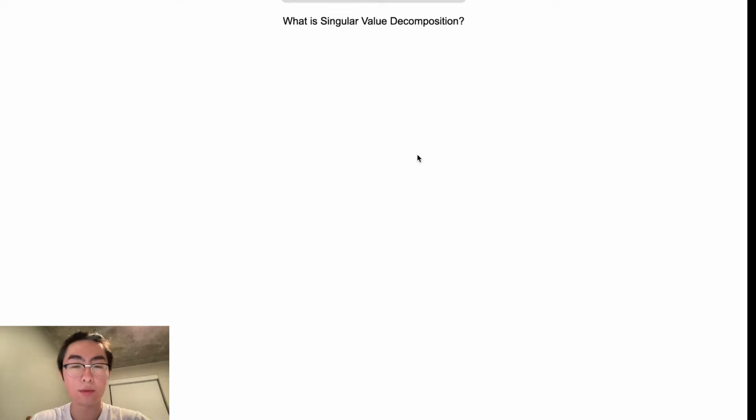Singular value decomposition is just a way of decomposing a matrix into 3 other different matrices. So I believe one is U and V. U and V are both n by m orthonormal matrices.